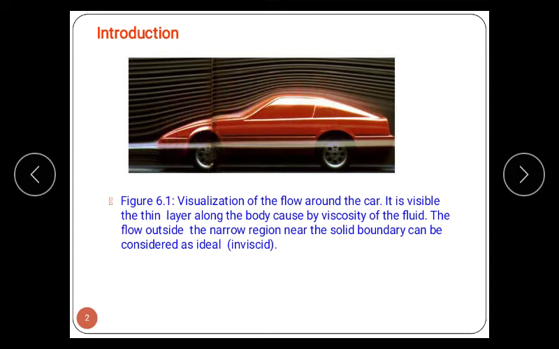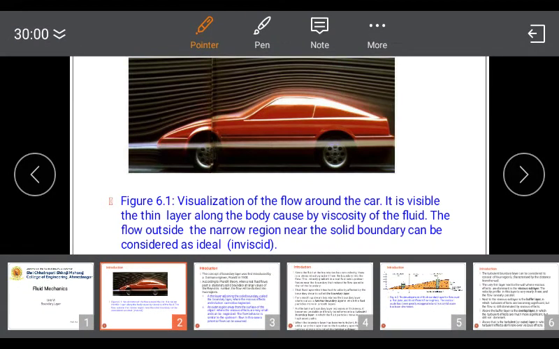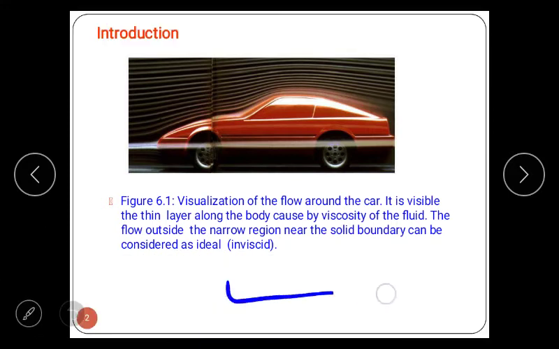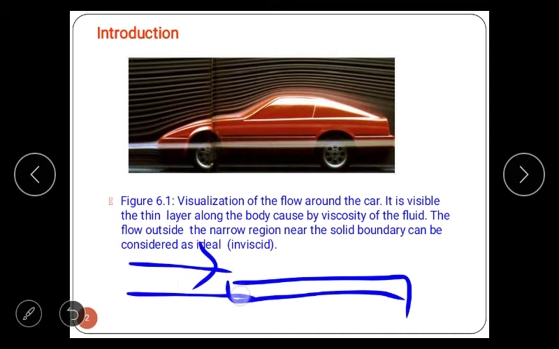Now let us take an example where the fluid is passing over a flat plate. Suppose this is our flat plate, assume it is straight, and the free stream velocity is in this direction. When fluid passes over this plate, what happens?